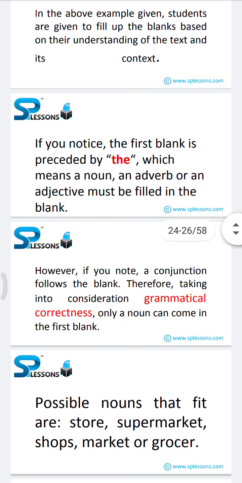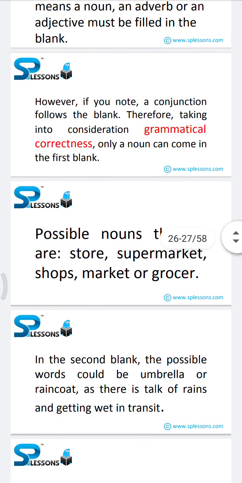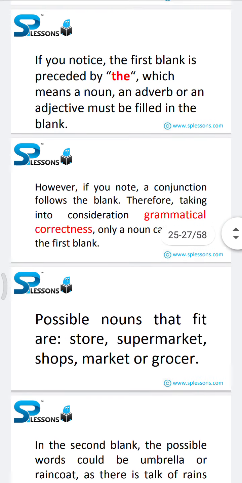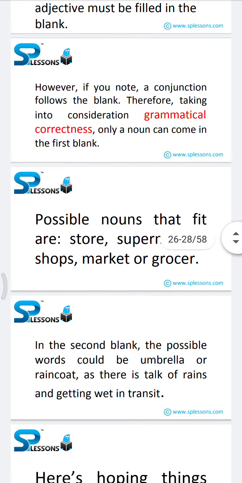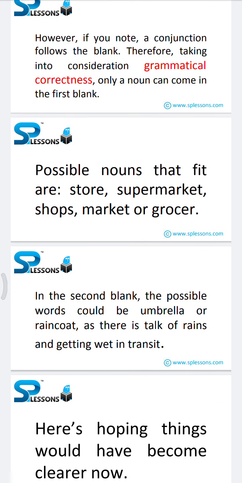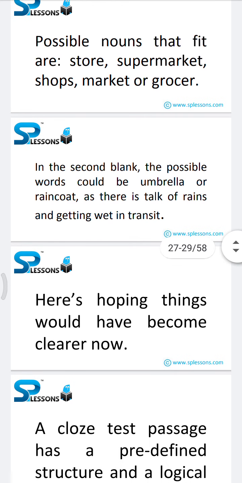This is the first type of identification to answer closed test patterns in exams. Possible nouns that fit are store, supermarket, shops, market, or grocer. In the second blank, the word could be umbrella or raincoat, as there is talk of rain and getting wet in transit. Hopefully things have become clear now.